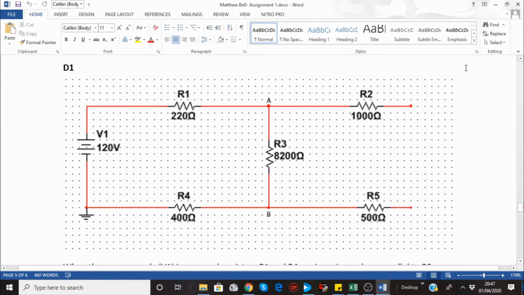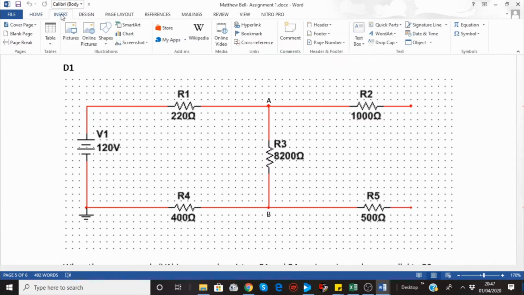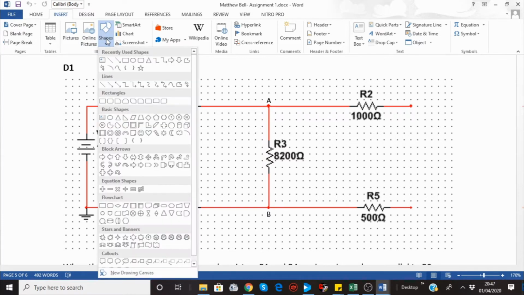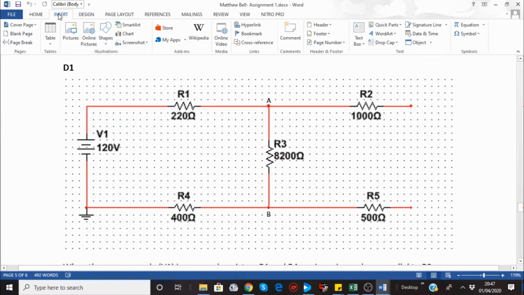If you want to use a Word document, go to Insert, then Shapes, and you find all sorts of shapes that you can draw: squares or rectangles for resistors, lines, and arrows for currents. Or you can just use Paint.